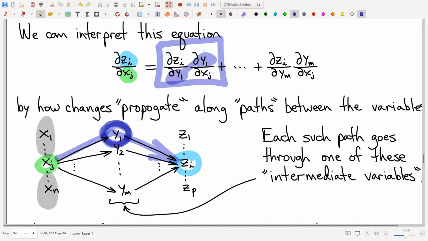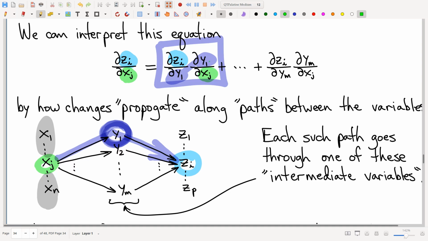And then you can also see that we're looking at the eventual change in zi, and that we're looking at the change with respect to xj. So all of these terms are going to follow this pattern. In some sense, the zi is going to be there, the xj is going to be there, and then the intermediate variable corresponding to telling me which path I'm moving along will be on this diagonal. Again, as if they cancel, which they don't. Right? But just kind of visually, cosmetically, it's a nice way to remember it.